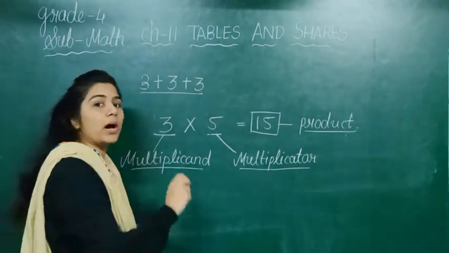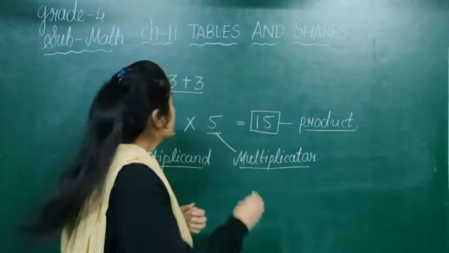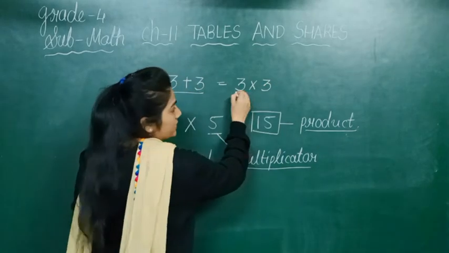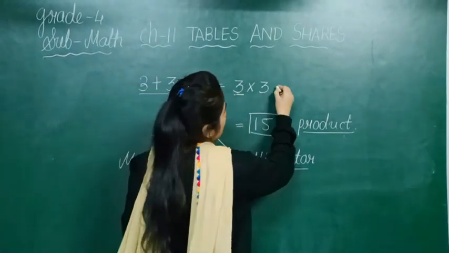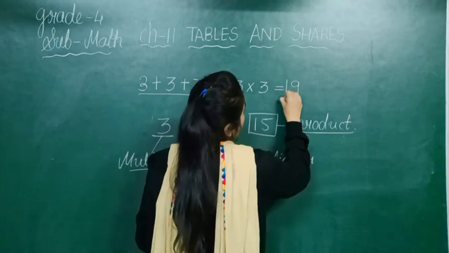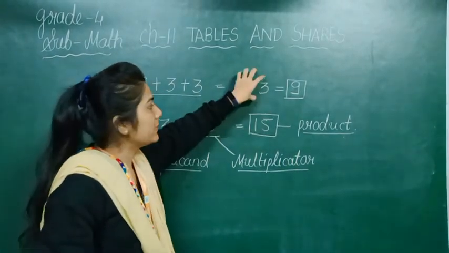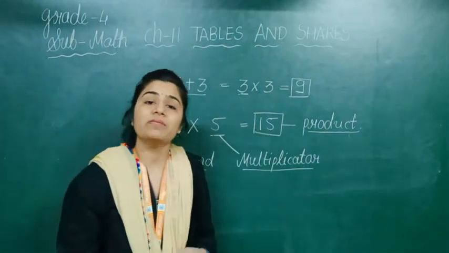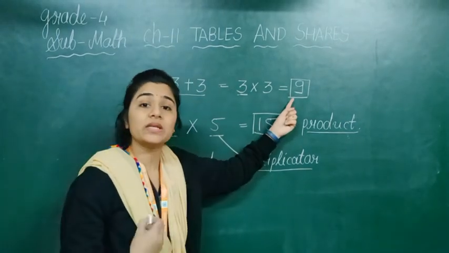In short form, in multiplication form, how can we write this? 3 times 3, that is 3 multiplied by 3, 9. So we can say in other words that multiplication is the short form of addition. When we are repeating the digit, it is increasing.